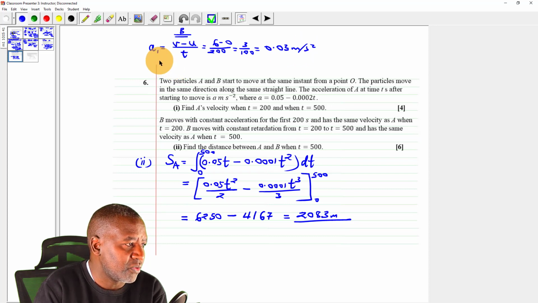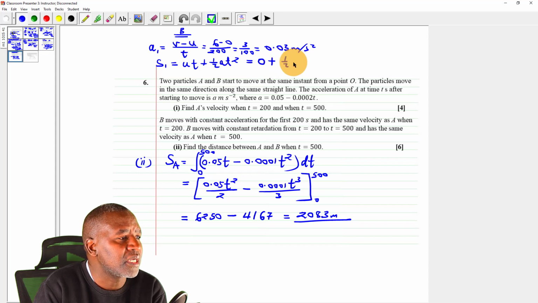That means that I can work out the displacement it has there, which will be ut plus a half at squared. u was 0, so ut is equal to 0, plus a half times the acceleration, 0.03, times 200 squared.